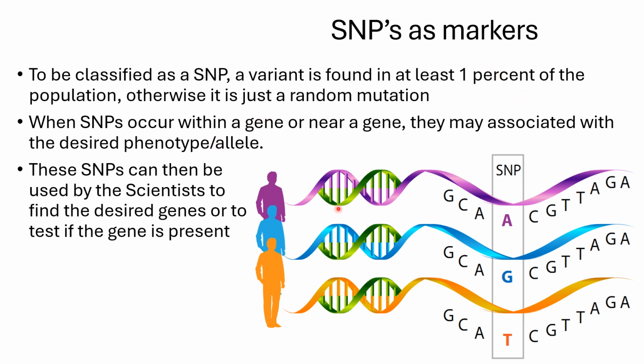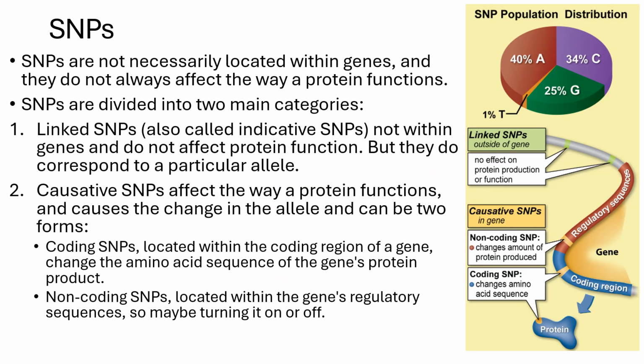So if we find them, we can actually see that they are there. So if you look at this picture here, you can see that in this specific SNP, let's say we're looking at this yellow one here, okay? That refers to a T, a thymine.